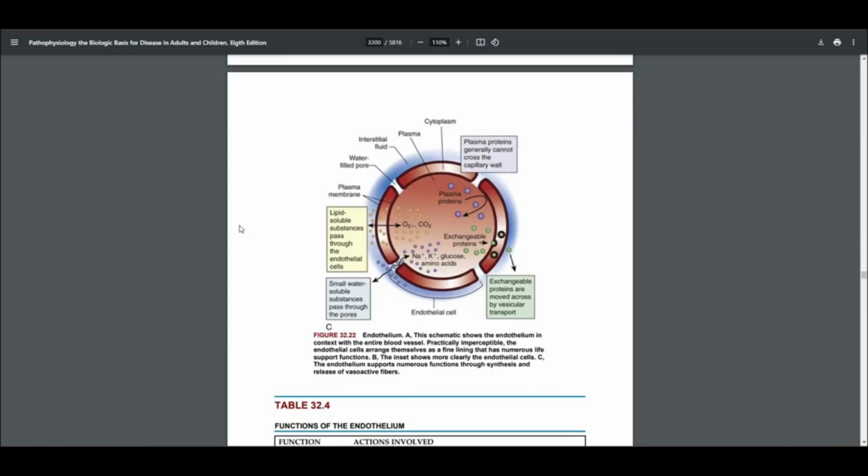Here we're looking at C. The endothelium supports numerous functions through synthesis and release of vasoactive factors. So we have our cytoplasm, the plasma, the interstitial fluid, water-filled pores. Our plasma membranes: oxygen and carbon dioxide, sodium, potassium, amino acids, glucose, and exchange of proteins. All sorts of good stuff.